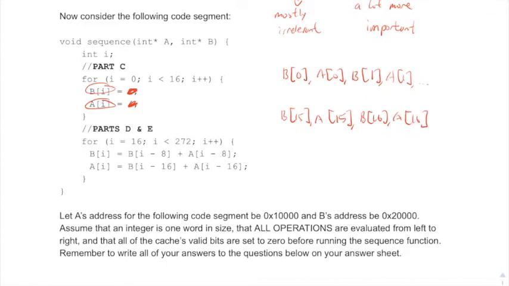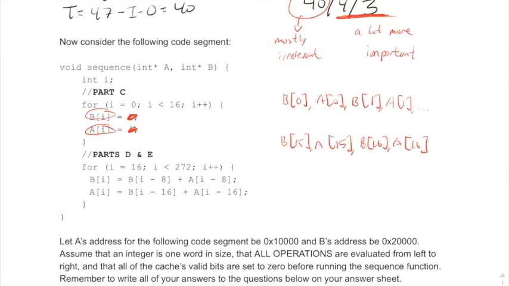One of the first things I do whenever I encounter a cache problem is I just write out all the memory accesses in order. That way I don't worry about what's going on in a for loop necessarily. All I care about are the writes and the reads. So here, we first access B, then A, then B, then A, and B and A, B and A, and so on and so forth.